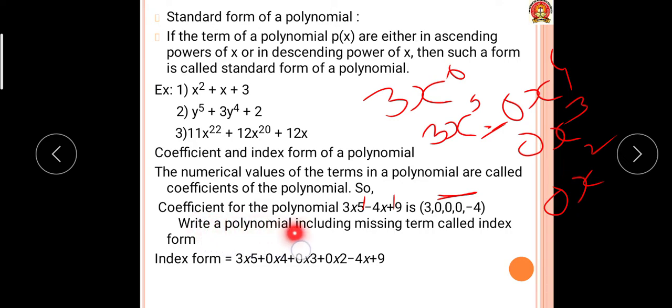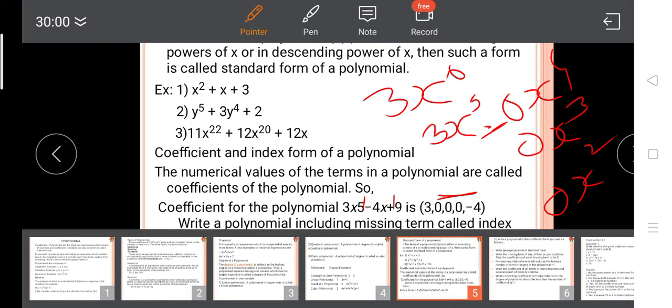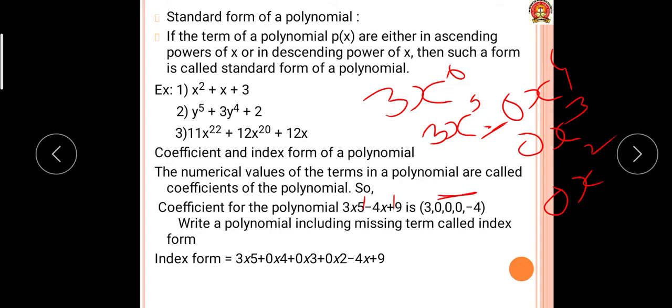Now writing the polynomial including the missing terms is called the index form. So what is the index form? Now I will explain. 3x raised to the power 5 plus 0x to the power 4. This is the power, not a multiplication by 4. Plus 0x raised to the power 3 plus 0x square minus 4x plus 9.